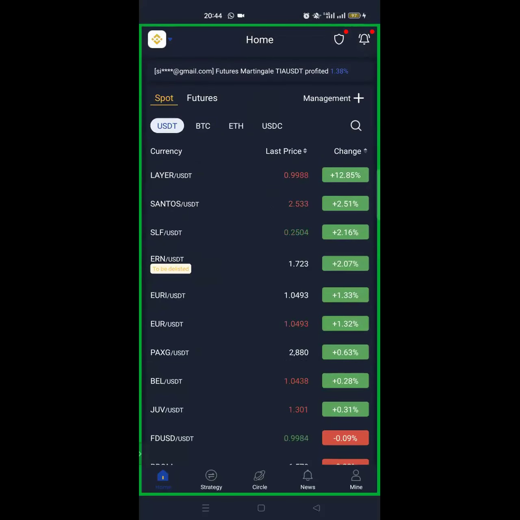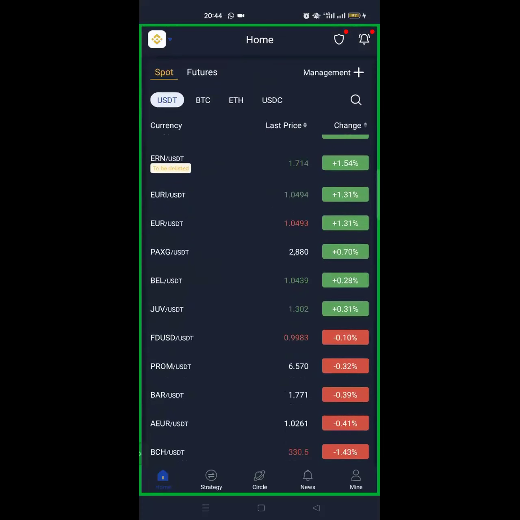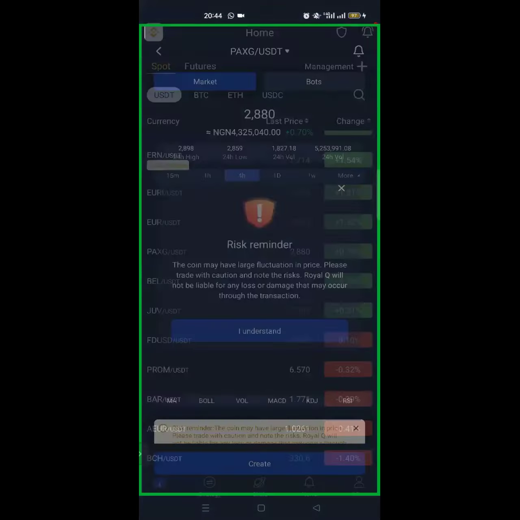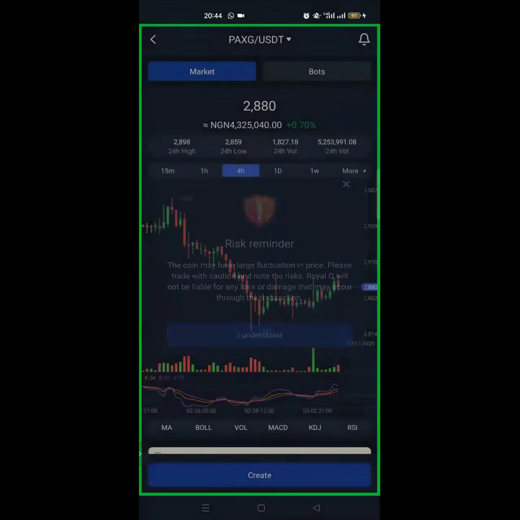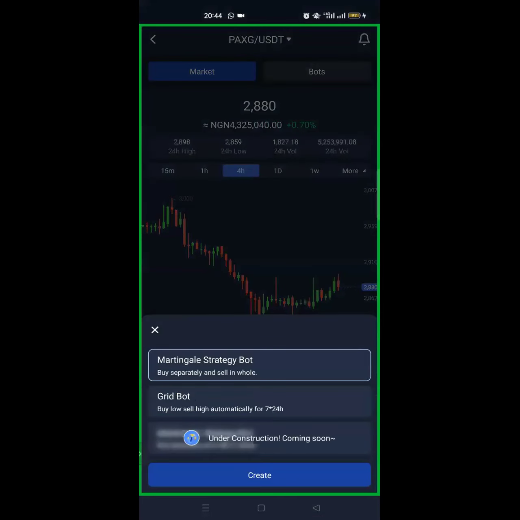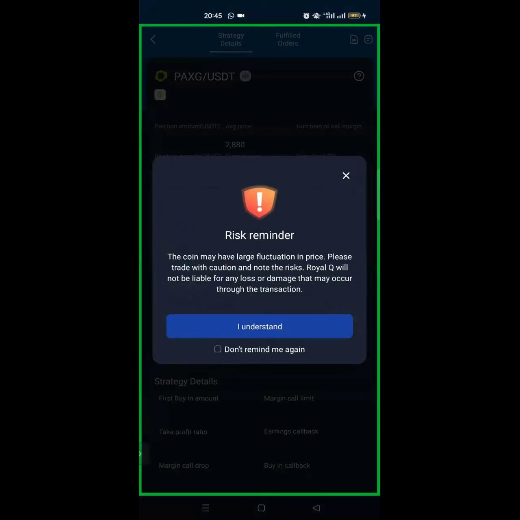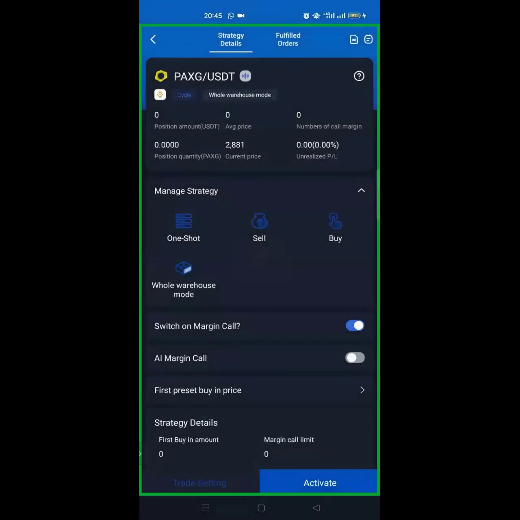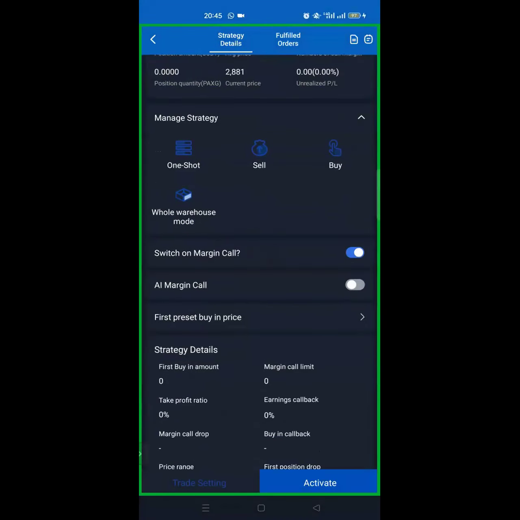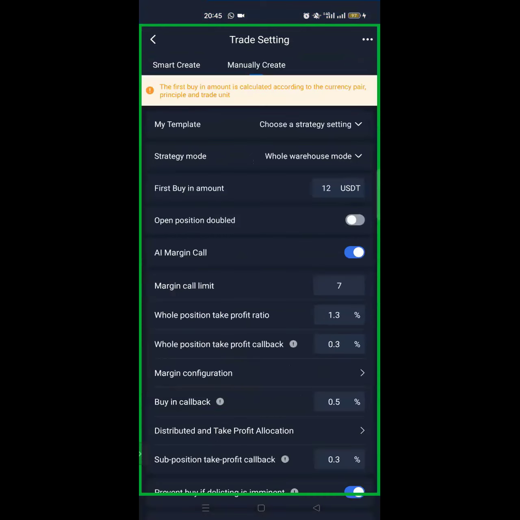so before I get into the explanation, I'm just going to pick a random coin so I can explain. So this is the interface that I would like to explain.